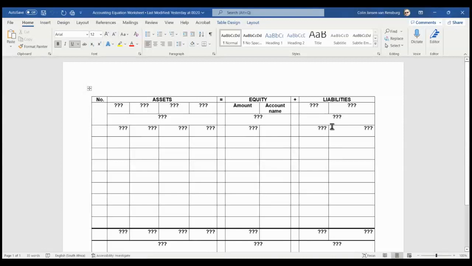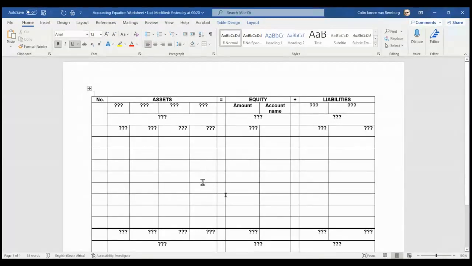That will be the opening balance at the beginning of the year. Let's say this is a long-term loan. That will be the opening balance at the beginning of the year or of the month, depending on whether we are doing financial statements for a year or for a month. And then all the balances, if you add them up, your total liabilities, that is where that balance will appear, right? So that is where we start analyzing the effect that a transaction has on our accounting equation.